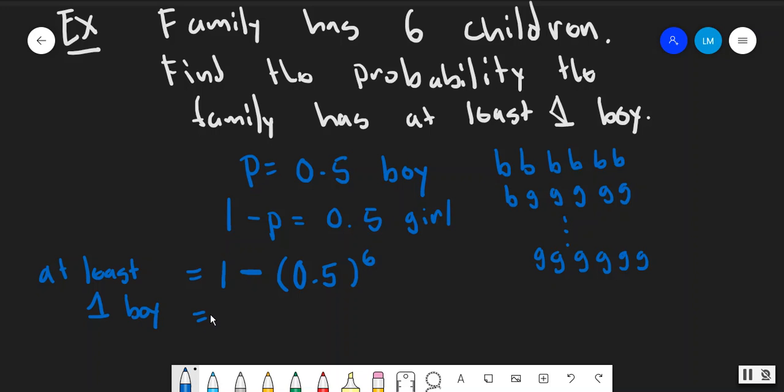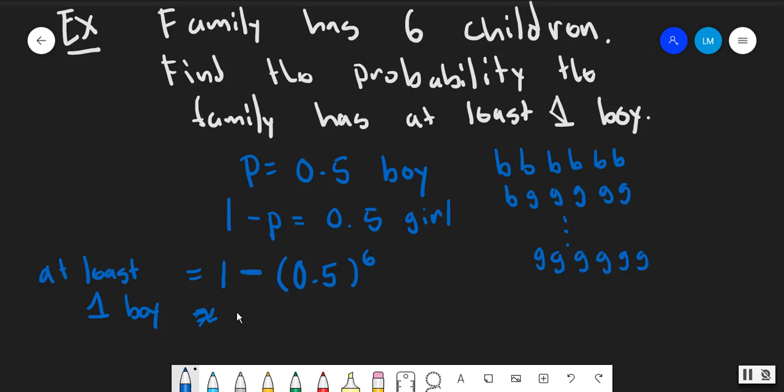So all that we need to do from here is figure out what a half raised to the sixth power is, and then subtract that from 1.